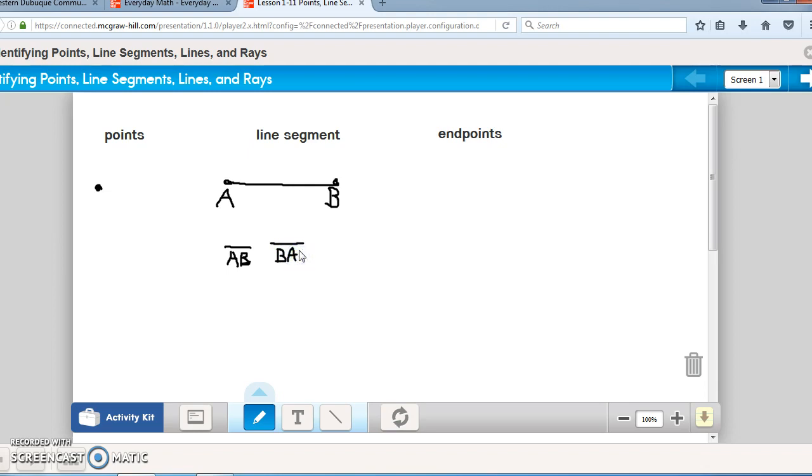It could go either way. Although these are 2 ways of naming a line segment by its endpoints, both names refer to the same segment, just this line. And don't forget that the endpoints are what you're seeing here on the end of that line segment.